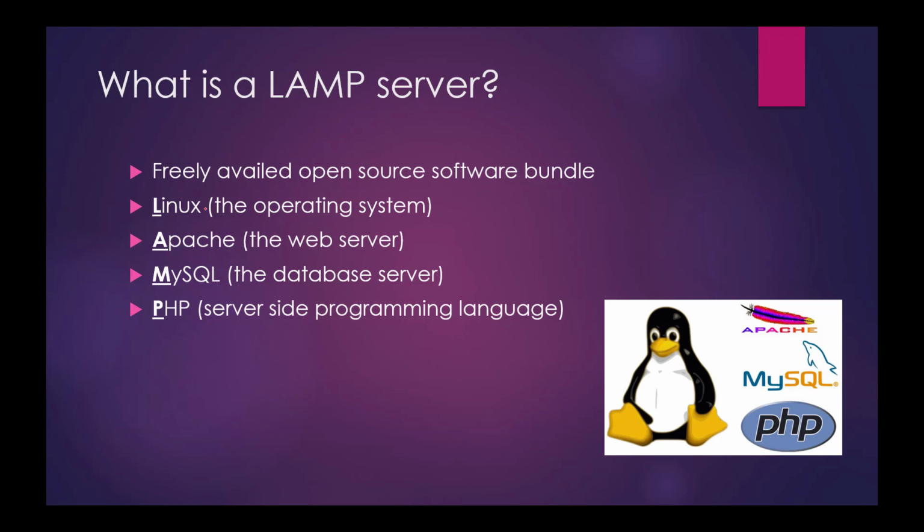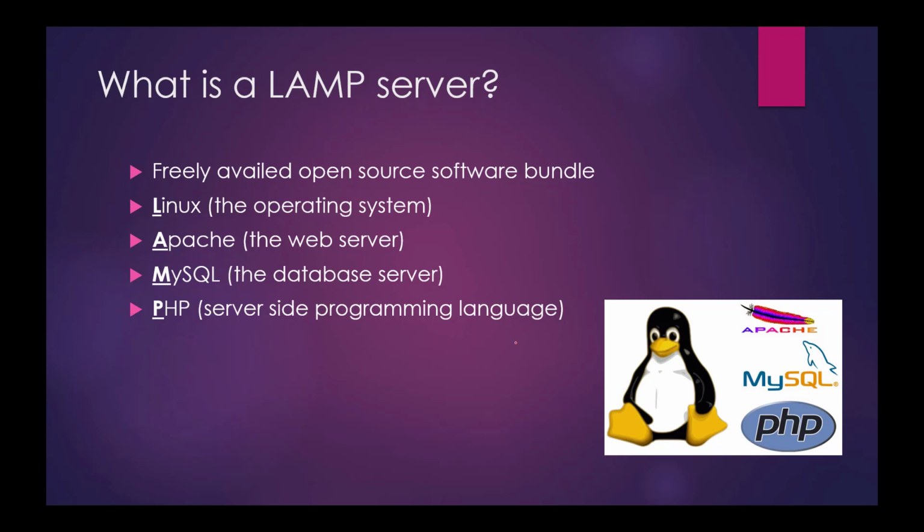In general, there are 4 parts: an operating system, a web server, a database server, and a server-side programming language. The most popular and freely available bundle, and the one that we'll be learning, is called LAMP, which is made up of Linux for an operating system, Apache for the web server, MySQL for the database server, and PHP for the server-side programming language.